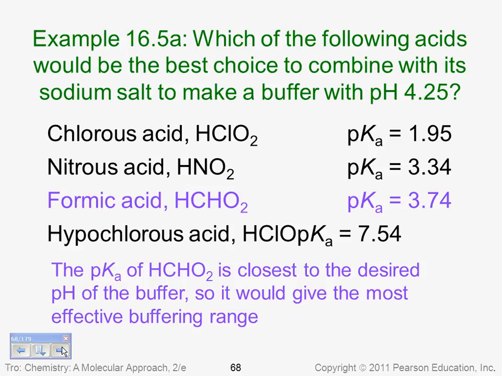The 7.54, that's pretty close to 7.4. Maybe. Unless, of course, for some reason the hypochlorite ion reacts with the drug I'm trying to test. And actually, hypochlorous acid is one of the components that's in bleach. So maybe that's okay, and maybe that's not right.